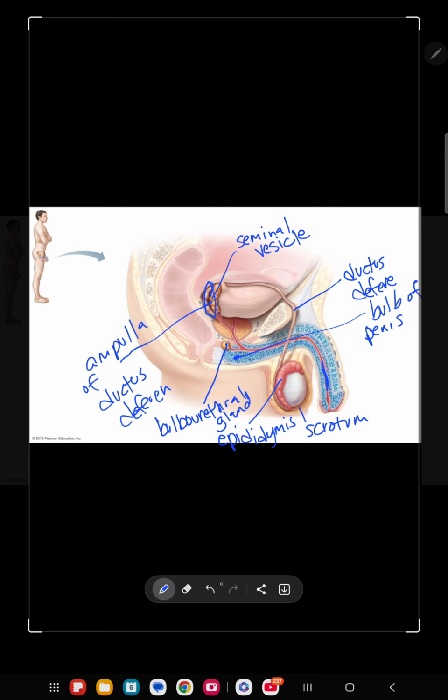This part is the spongy urethra. Here's the prostate, so right here would be the prostatic urethra. And this duct right here is the ejaculatory duct.